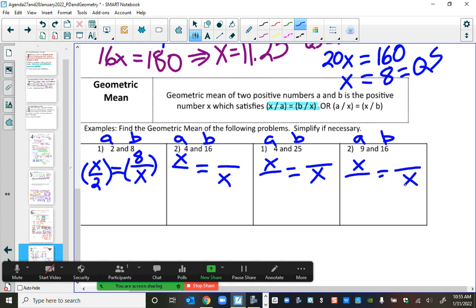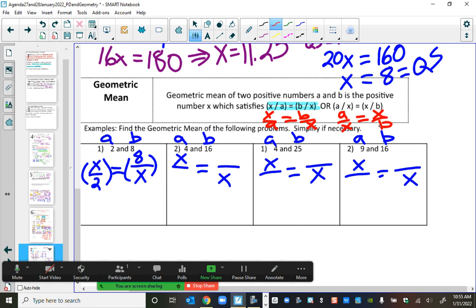Now, going back to the first one. So A and B, you can put A here, B up here. But remember, A and B have to be diagonal. So I'll write it this way: x over A, B over x, or A over x, x over B.